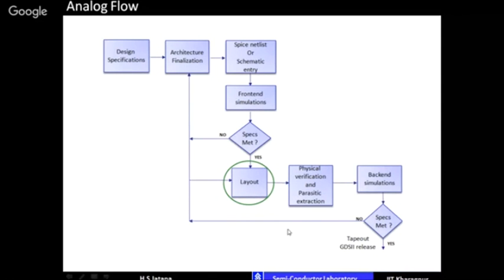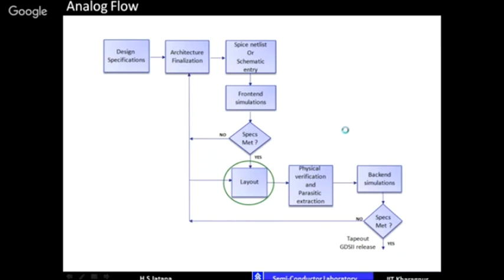We do the layout, then do the PEX part. If the PEX is also meeting the specification, then we have to do the complete simulation of the circuit for various parameters, taking into consideration the RLC part, and then we release the GDS. If it doesn't work, then you have to change either the layout or your architecture so that it is able to work. So this is the complete flow for an analog design.